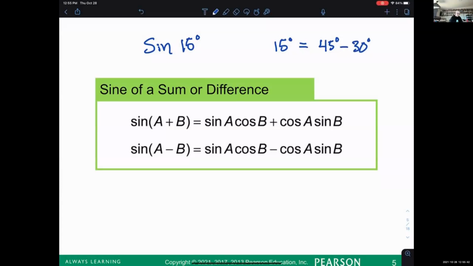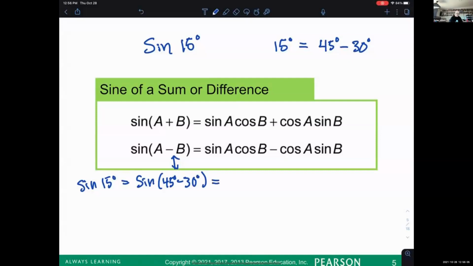And so I could then write sine of 15 degrees to be equal to the sine of 45 degrees minus 30 degrees. And then use the formula right above, where A is equal to 45 and B is equal to 30.